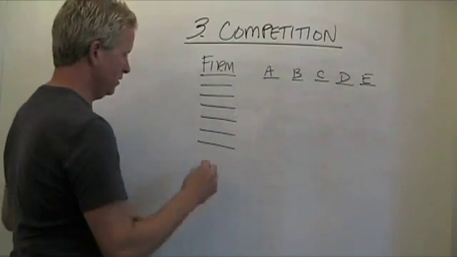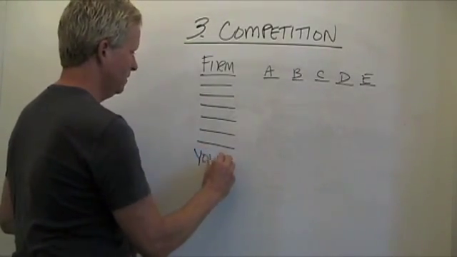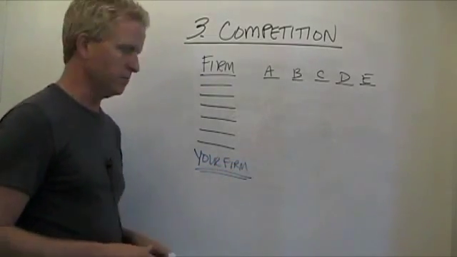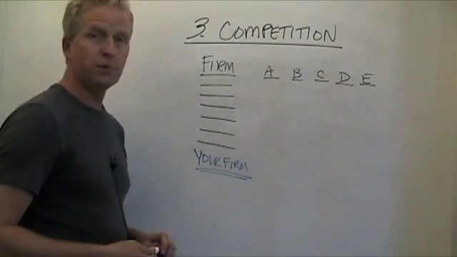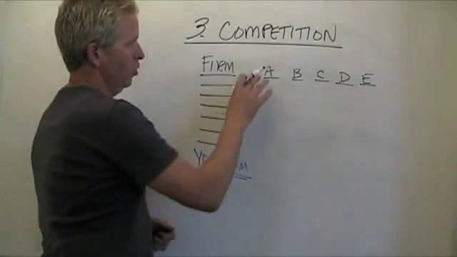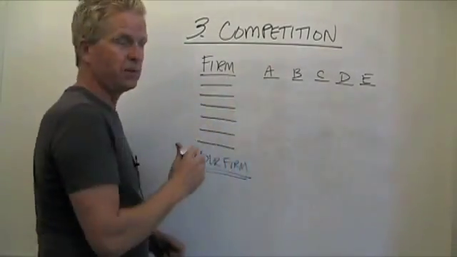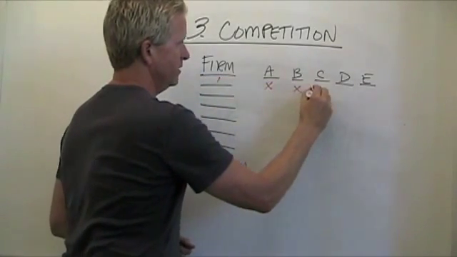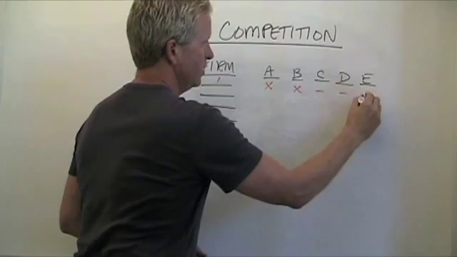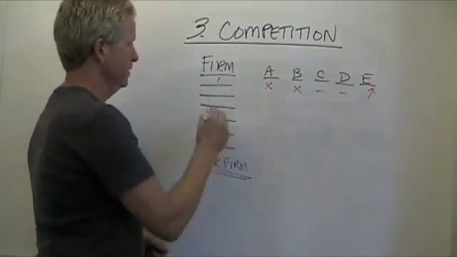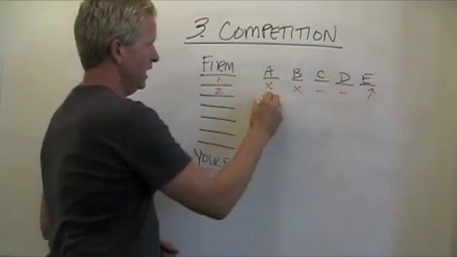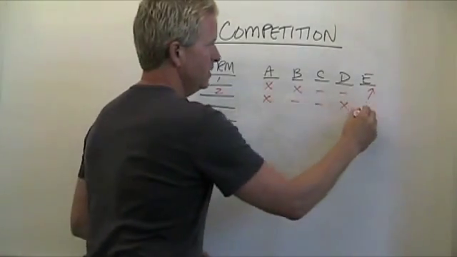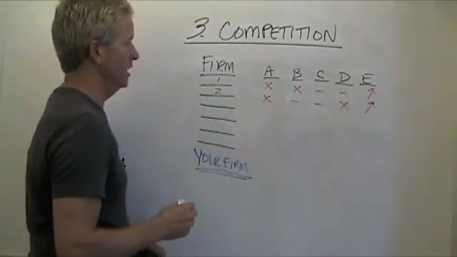And then, of course, down here is your firm, and you're that 7th entry into the marketplace. Well, a good competitive matrix would say, well, on this particular facet, how does number 1 stack up? Well, number 1 definitely has this, they have that, they don't do this, they don't do this, and their price is very high. Competitor number 2, they have this, they don't have this, they don't have this, they do have feature D, and their price is also fairly high.